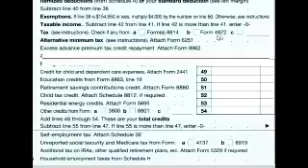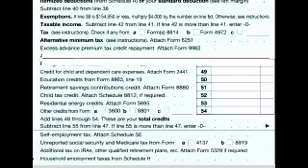Line 46, excess advance premium tax credit repayment. There are going to be modifications only on this page. You're going to put it here.